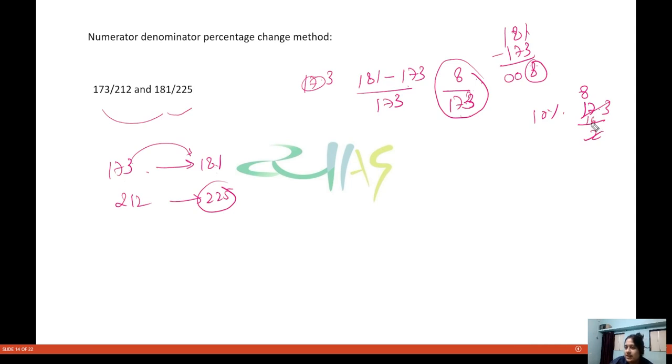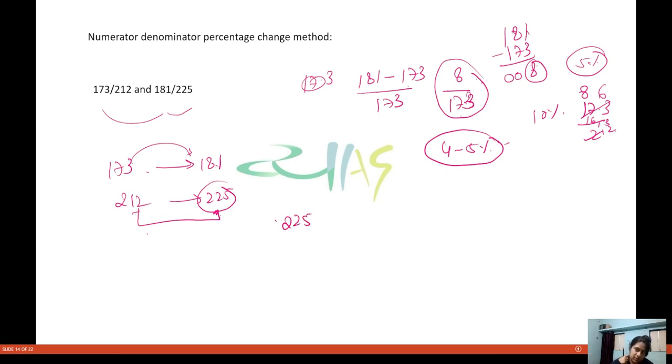So this is a little bit more than 5%, between 5 to 6%. So the numerator is increasing 4 to 5%, and the denominator is increasing 5 to 6%.